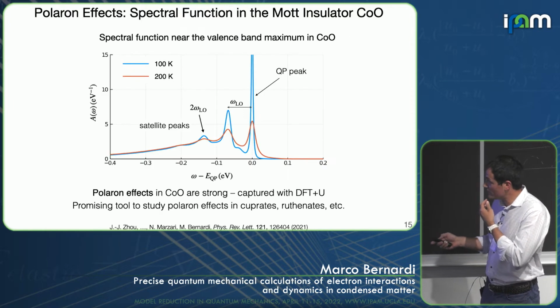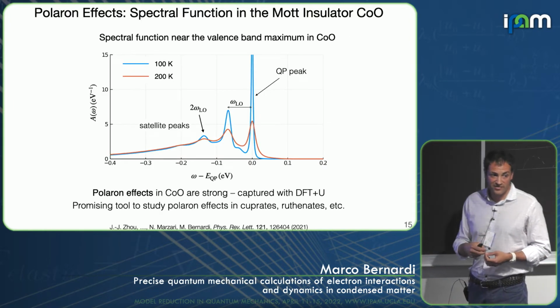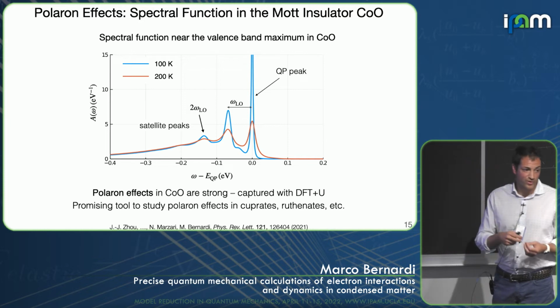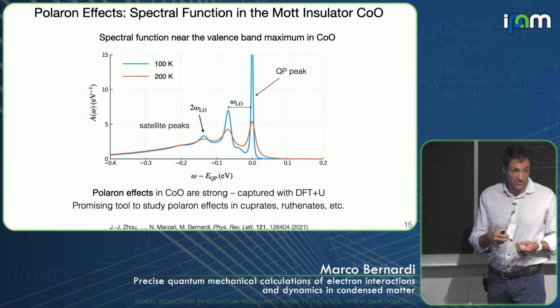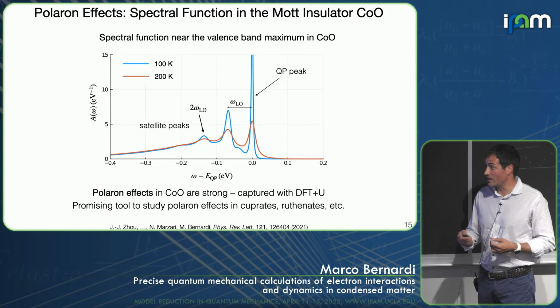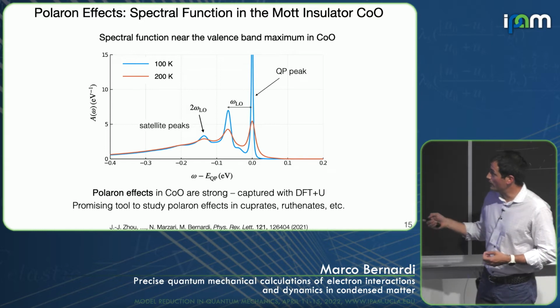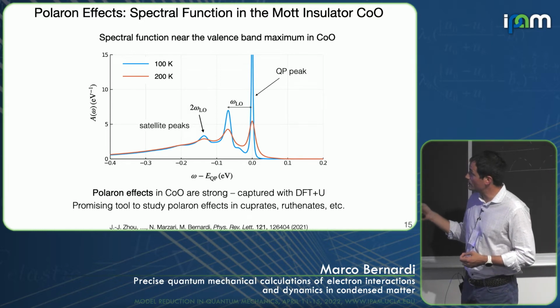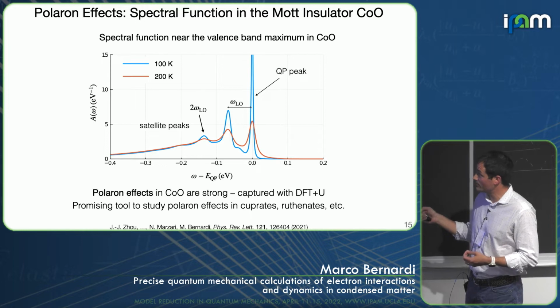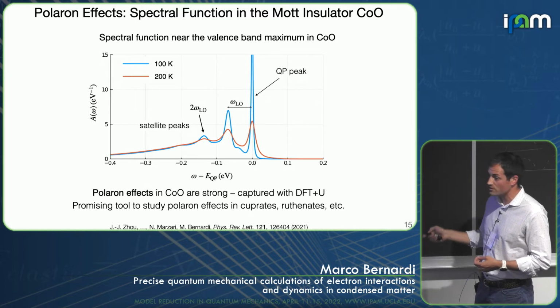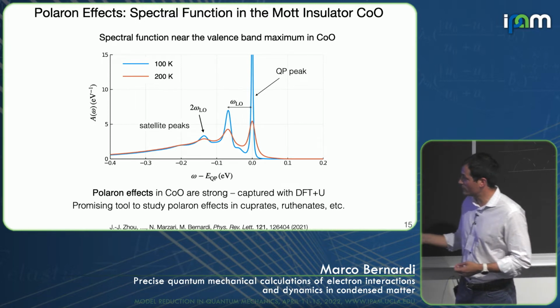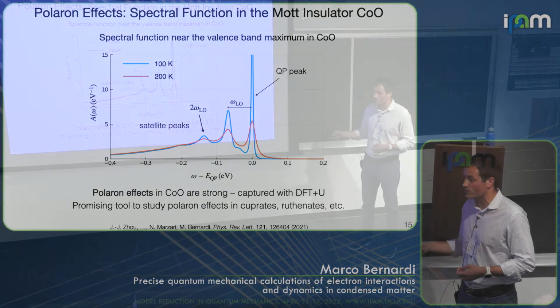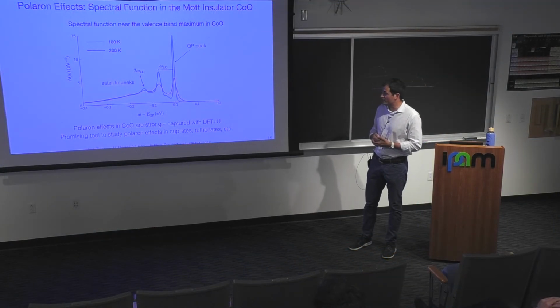This system realizes probably one of the most complex regimes where both the electron-phonon interactions and the electron-electron interactions are strong. So it's strongly correlated, but also it's polar, and the coupling with the polar phonons is strong. So if you apply the cumulant and study the spectral function, we see these very strong peaks due to polaronic effects.